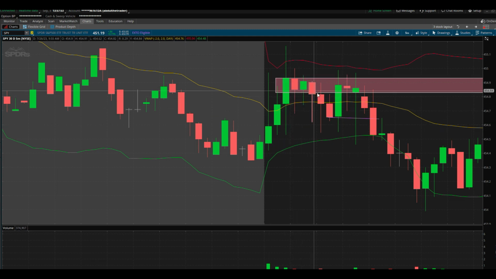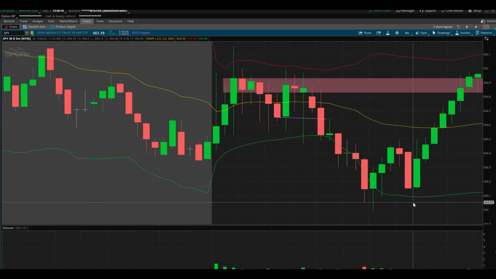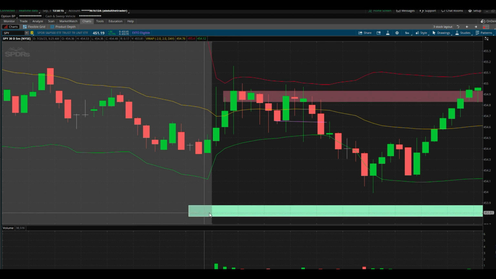And so now, after the supply zone has been created based off the high price of the day, we're now looking for a demand zone to be created intraday, and we see that here. Initially, this is our first low area of the day, and this will be our demand zone for this example.